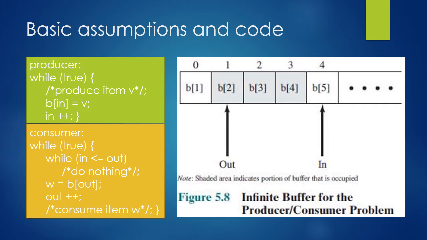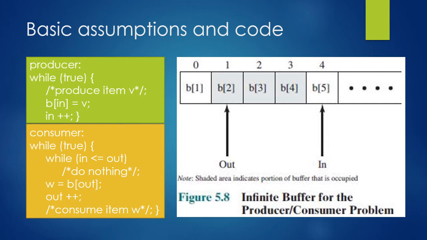The consumer makes sure that the producer has advanced beyond it, that is, in is greater than out, before consuming. Since the buffer is infinite, both producer and consumer increment their tracking variables in and out. Once a buffer slot is visited by both the agents, it is never revisited.